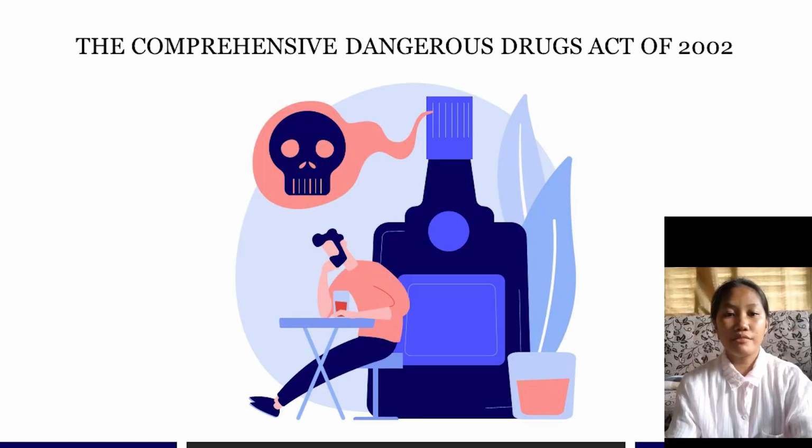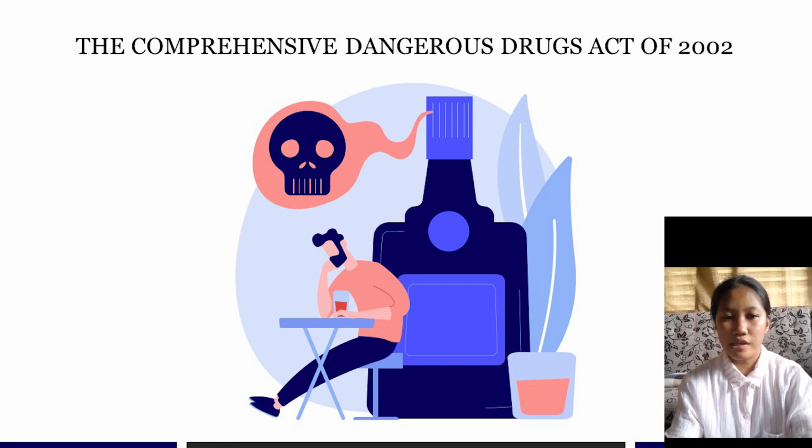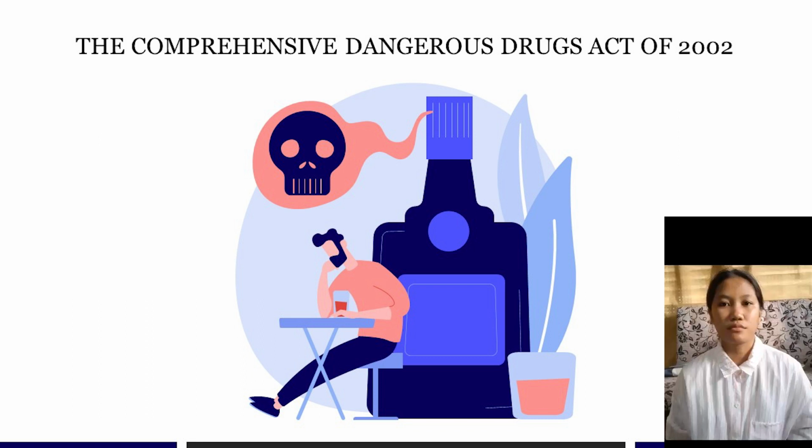The Comprehensive Dangerous Drugs Act of 2002. This act, consisting of 101 sections, provides for the importation of dangerous drugs and controlled precursors and essential chemicals. It establishes offenses and penalties according to the different dangerous drugs, regardless of quantity and purity involved.